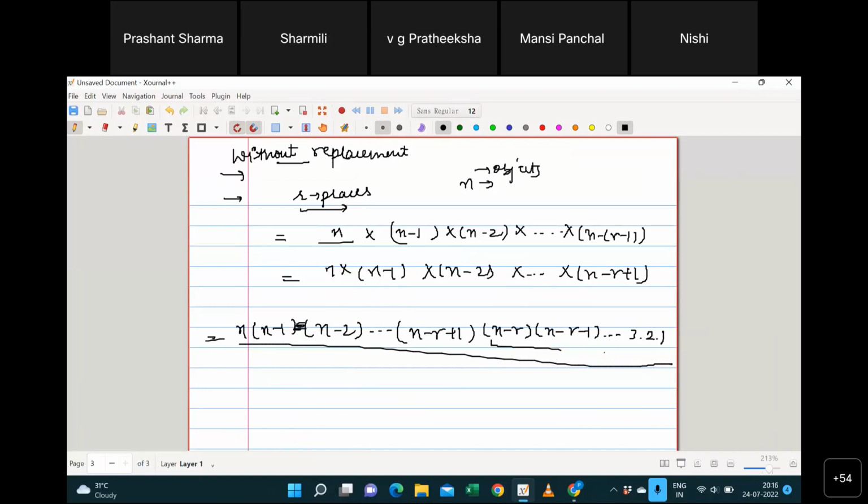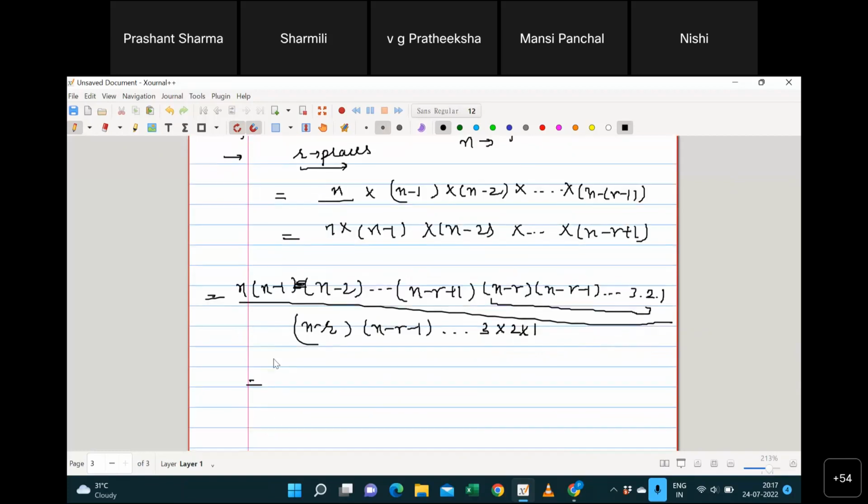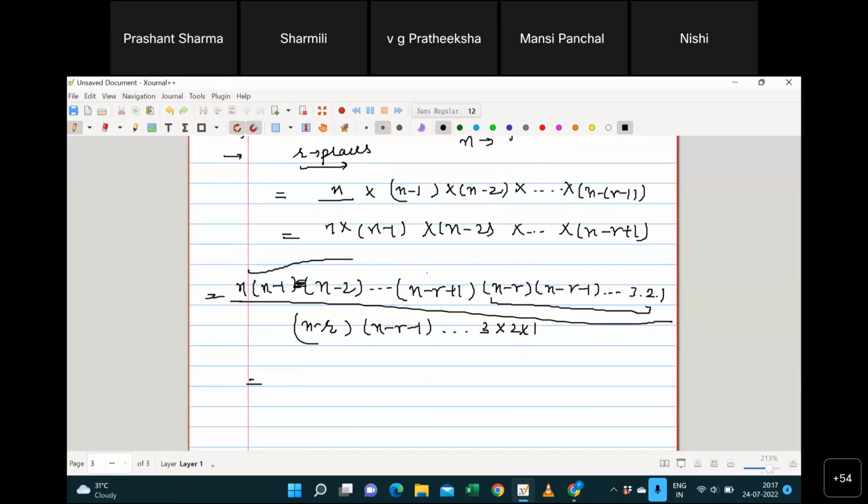I have multiplied by this quantity, so I have to divide by this quantity also, in denominator and numerator, right? So what is the numerator?